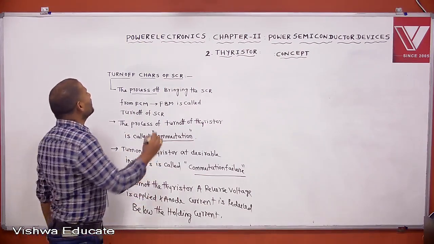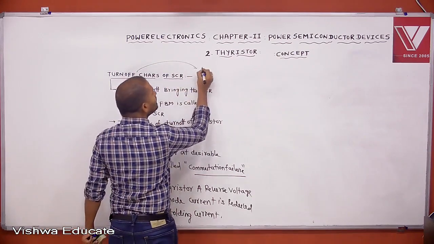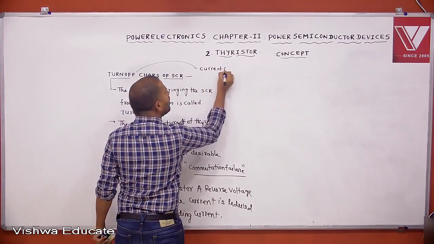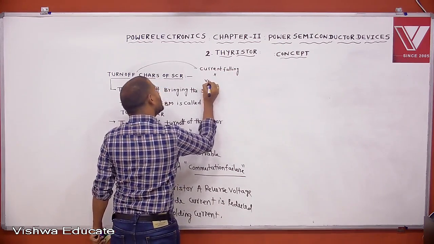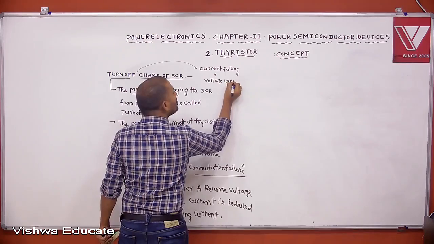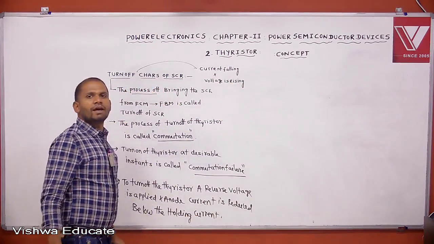But the point to remember, turn off is nothing but the current falling and the voltage across the SCR rising. Current through the SCR is falling and voltage across the SCR is rising.